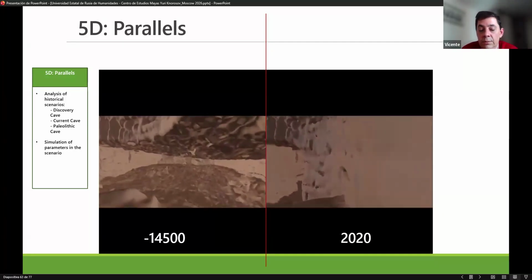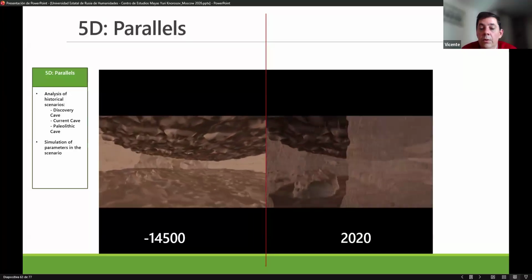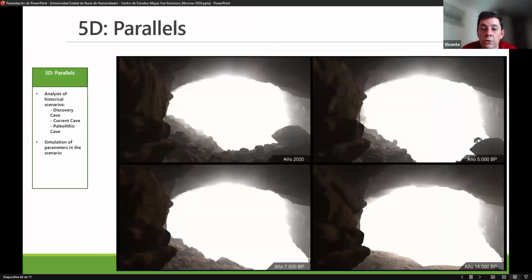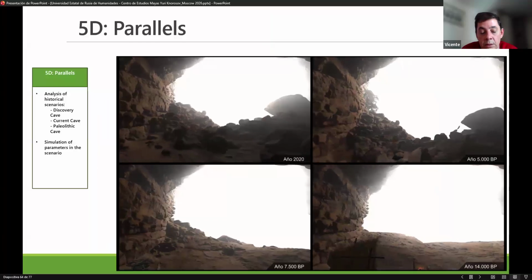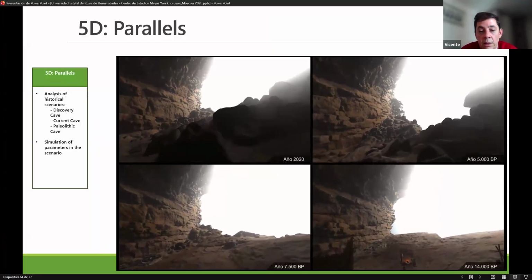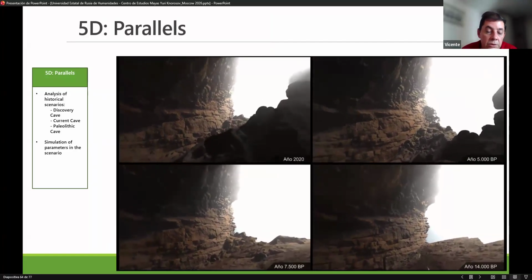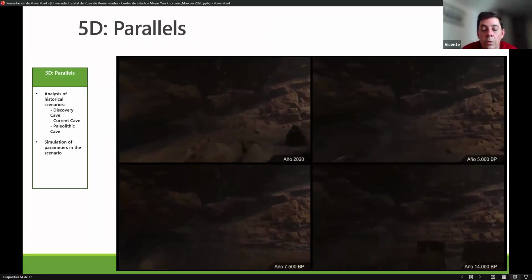This has been made with the 3D laser scanner model, but you can also create these models to recreate past environments. This is Cova de la Sendra, how it is currently, and how it was in three historical moments.